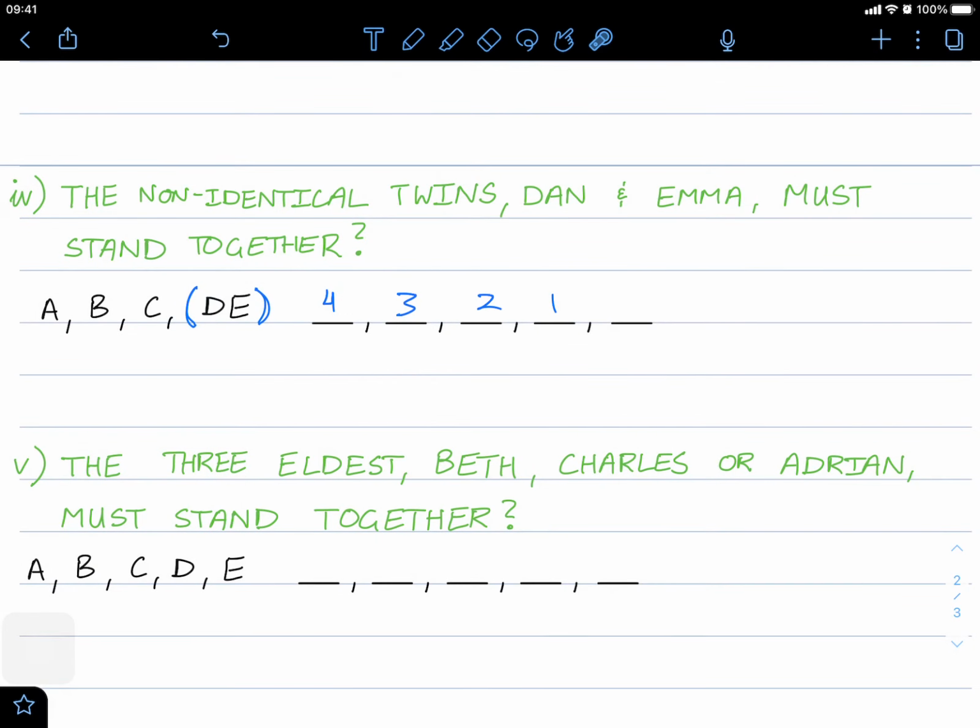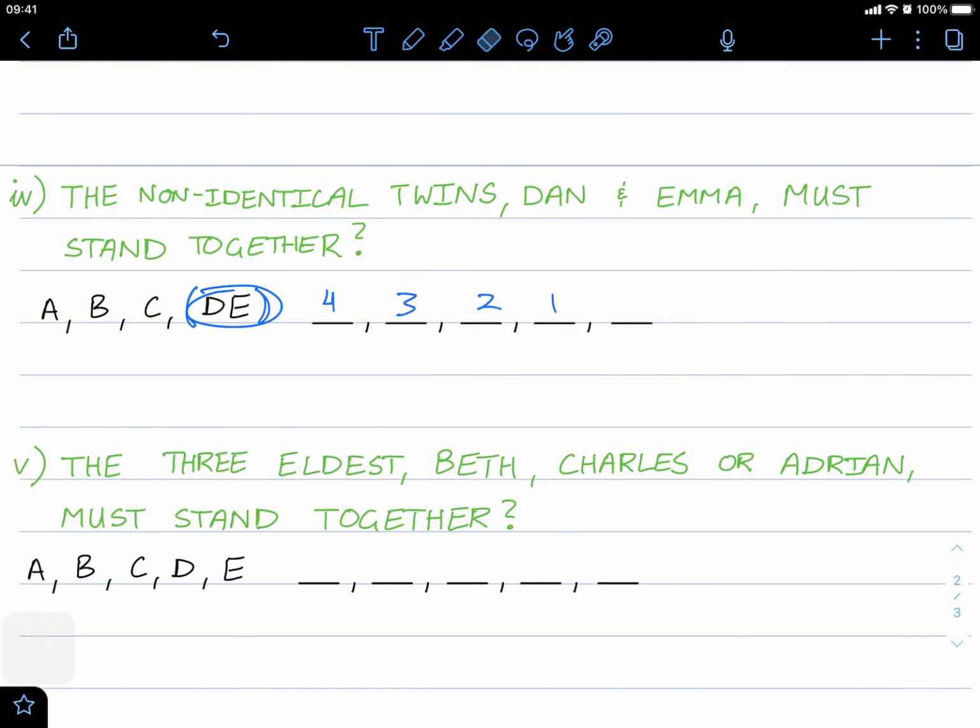For example, if the first 2 positions were Dan and Emma, there's that 4, and then 3, 2, and then 1. So notice how because they are in lots of 2, they take up 2 positions no matter when we pick them. So this still holds true.